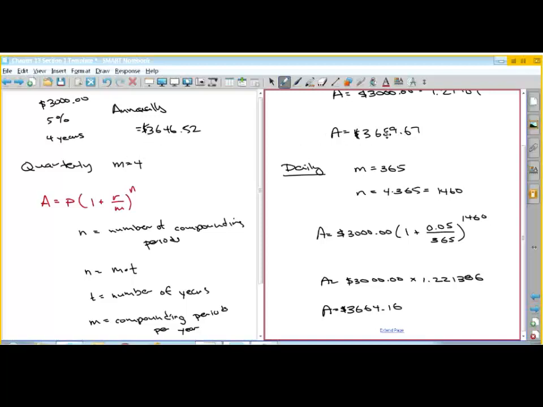So going from yearly to quarterly, I get another $13 in 4 years. Going from quarterly to daily, I get another $4.50. So the next question was, what if you make it so the compounding period goes to an infinitesimally small value, and the number of compounding periods goes to a very big number?